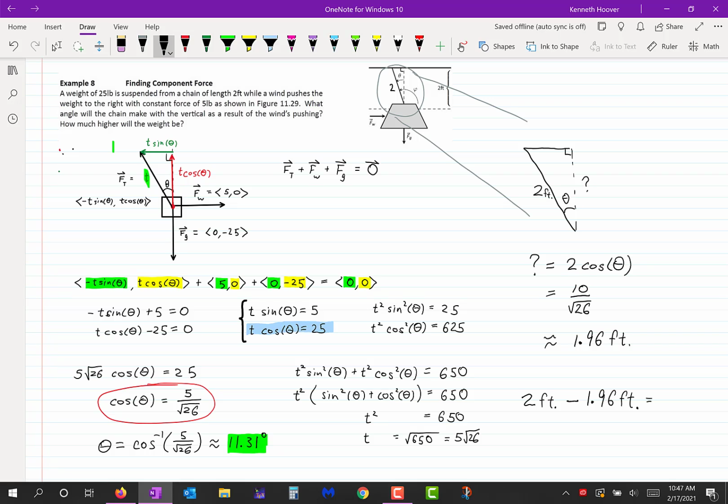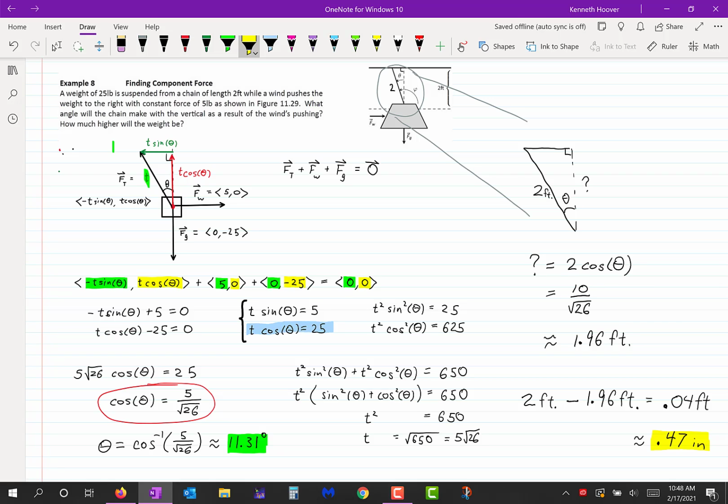So that's 0.04 feet, which is about 0.47 inches. Just multiply 0.04 times 12, and you get approximately 0.47. In the book they say about 1/2 inch, but our answer is more exact than theirs.